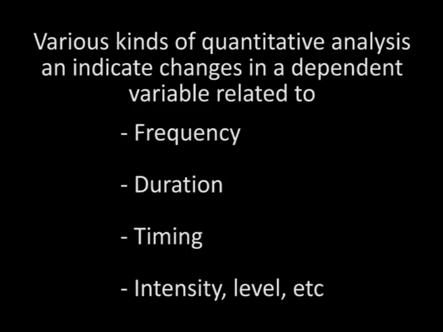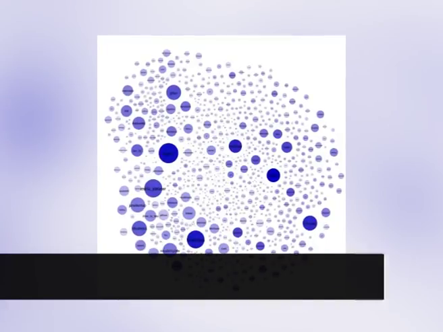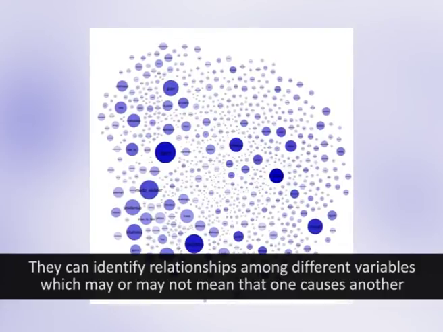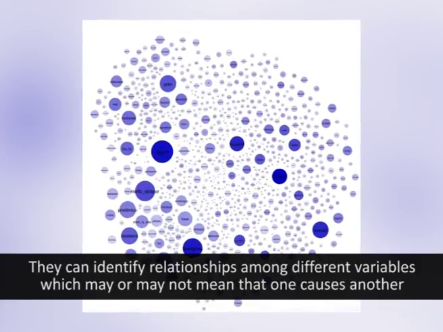Various kinds of quantitative analysis can indicate changes in a dependent variable related to frequency, duration, timing, when particular things happen, intensity, level, etc. They can allow you to compare those changes to one another, to changes in another variable, or to changes in another population. They might be able to tell you at a particular degree of reliability whether those changes are likely to have been caused by your intervention or program, or by another factor known or unknown. And they can identify relationships among different variables which may or may not mean that one causes another.